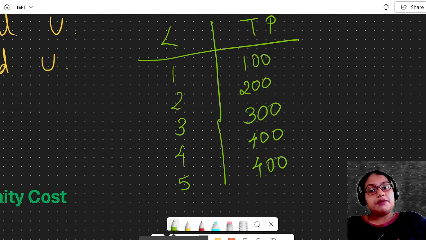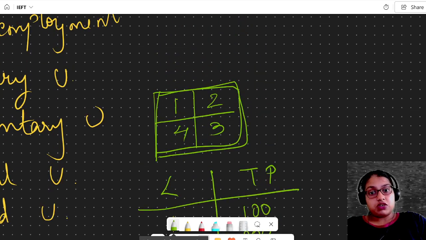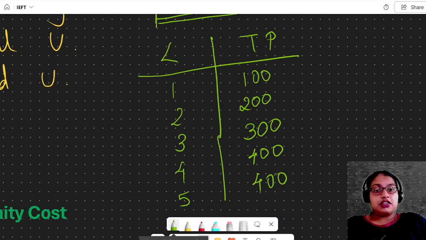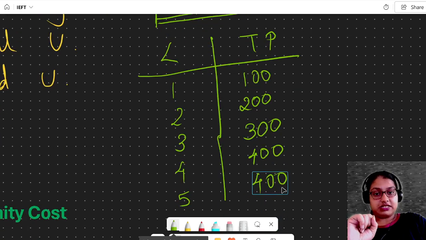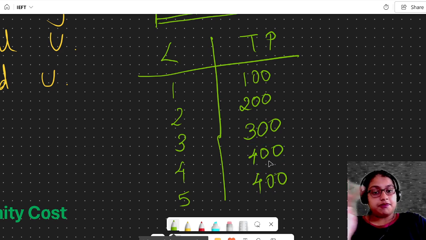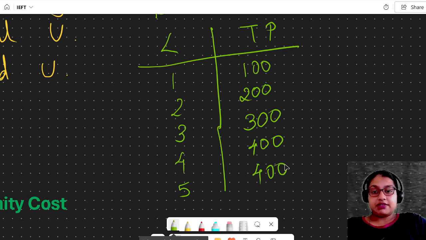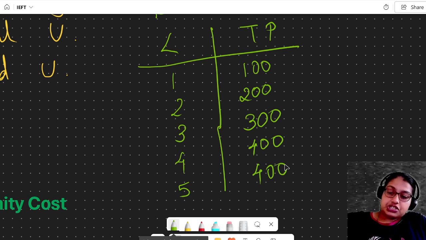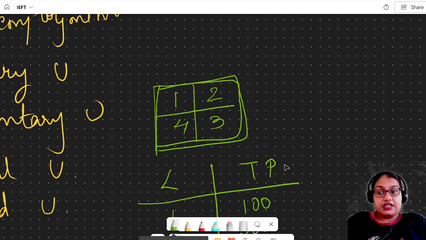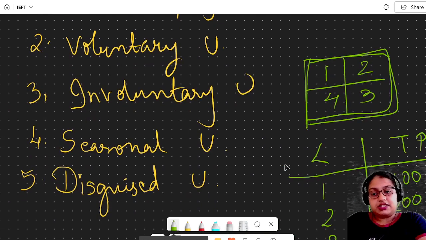When 5 laborers are there, their work will be reduced, so they will not be working at their full potential. And the total production will not increase. It will be the same. So here the marginal productivity will be 0. This is an example of disguised unemployment.